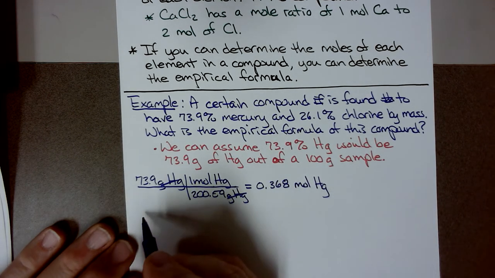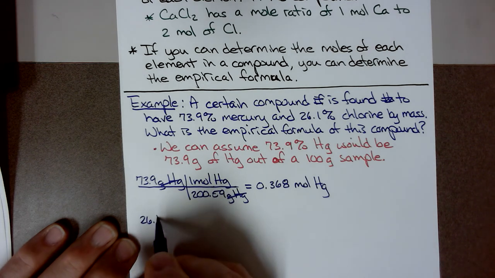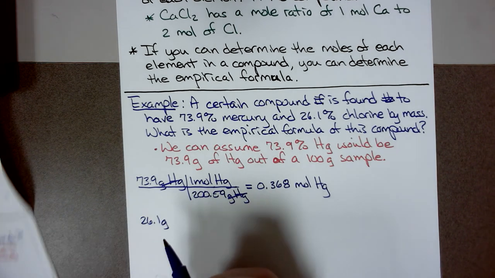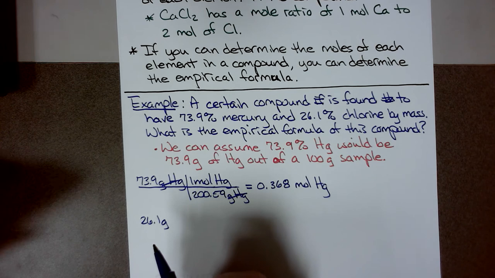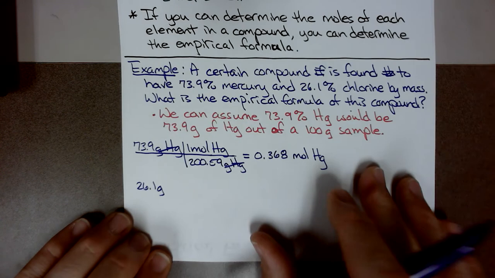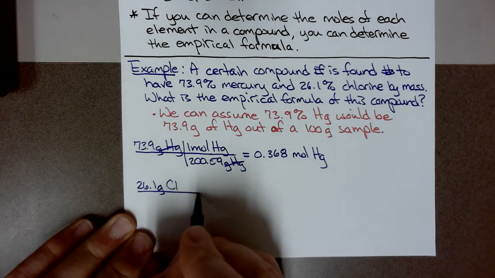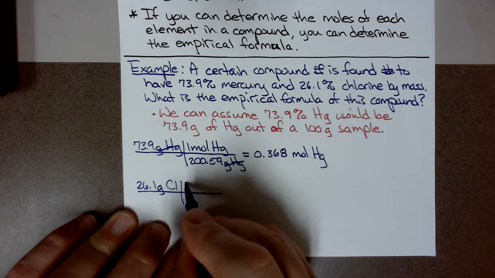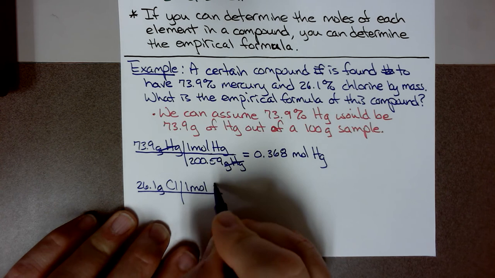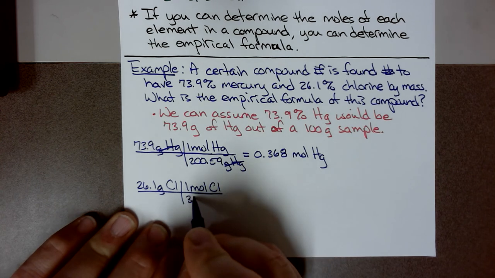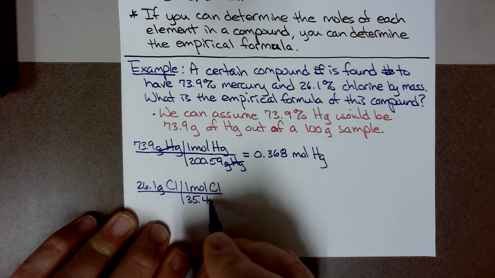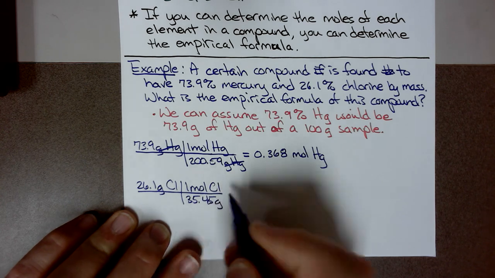And then the 26.1 grams of chlorine. Let's convert the grams mass to the mole using molar mass. So 1 mole of chlorine is 35.45 grams of chlorine.